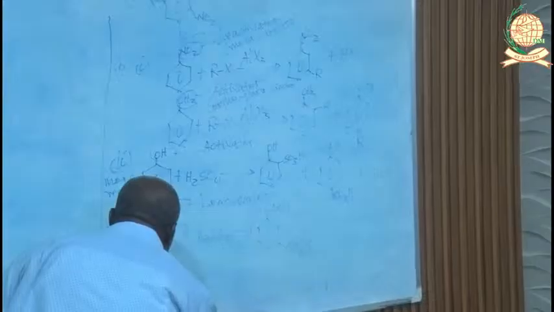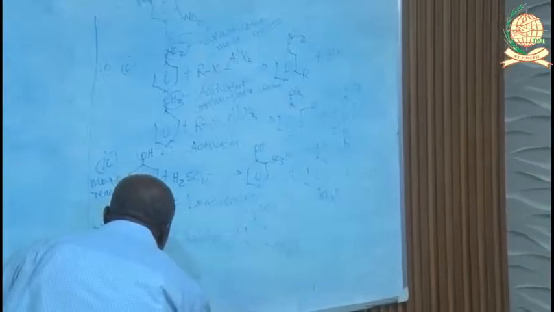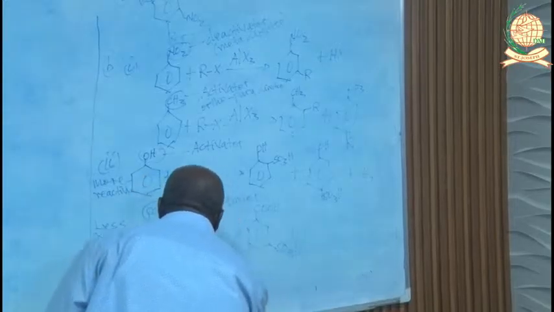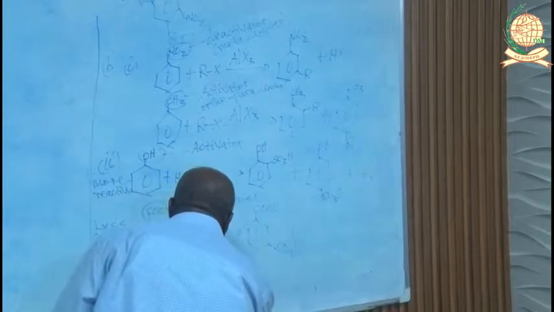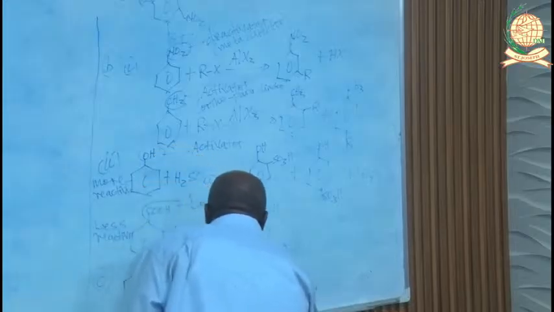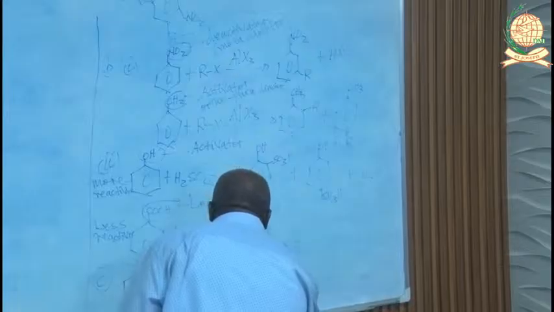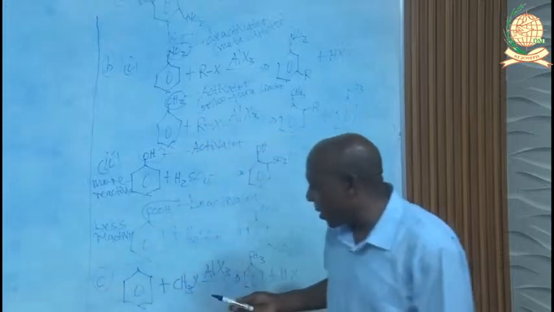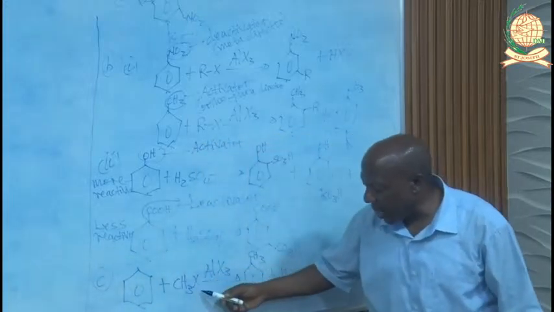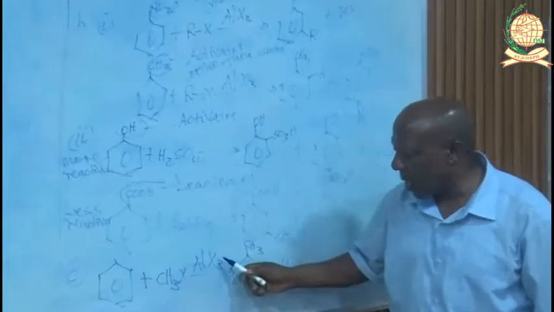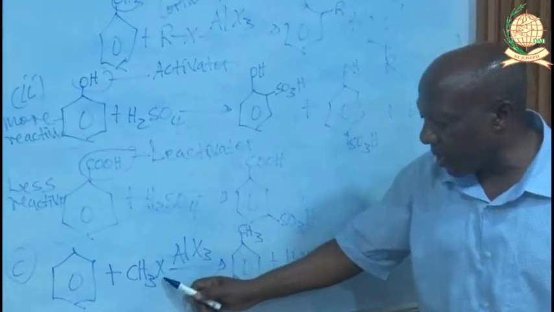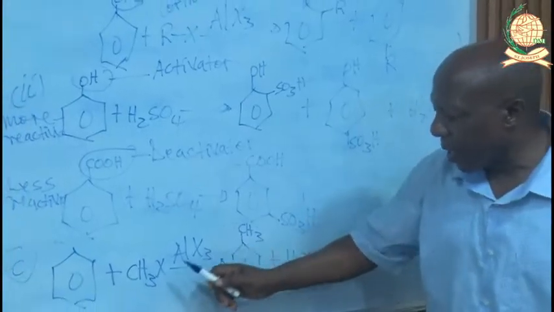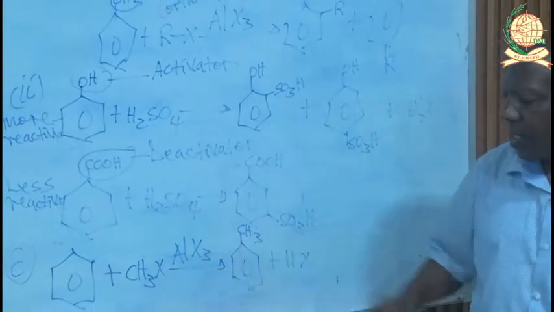So we take methyl halide in the presence of aluminum halide, then we get methyl benzene, or toluene, CH3, plus hydrogen halide. Now, if this halogen is chlorine, here also must be chlorine. If this is bromine, this also must be bromine. If this is iodine, as well as this one.